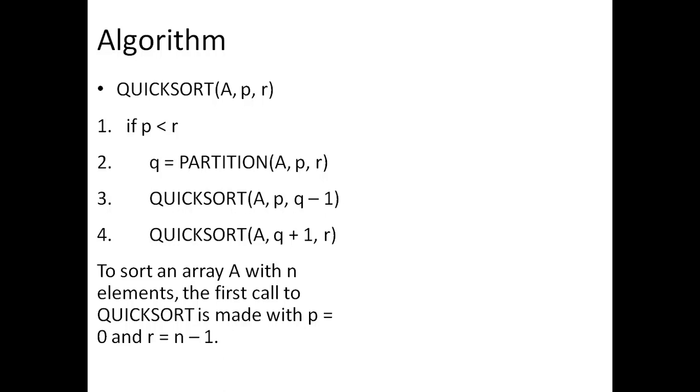Now one has to call the quicksort for the left part, with indices ranging from P, that is the initial index, to Q minus 1, and for the right part, indices will range from the partition point Q plus 1 to R. And that's it. The first call will happen for 0 to n minus 1, that is for the complete array.